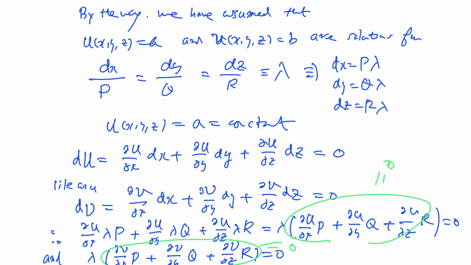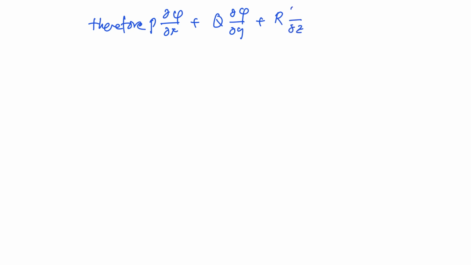So what happens if we go back? We have, therefore, P ∂phi/∂x plus Q ∂phi/∂y plus R ∂phi/∂z is equal to 0, right?